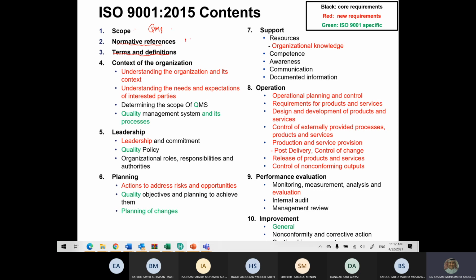So ISO normative references could be ISO 9000. It could also be, for example, if I'm working at the Ministry of Works, they have some standards that are related to roads. When you use the material for the road, it has a certain standard.